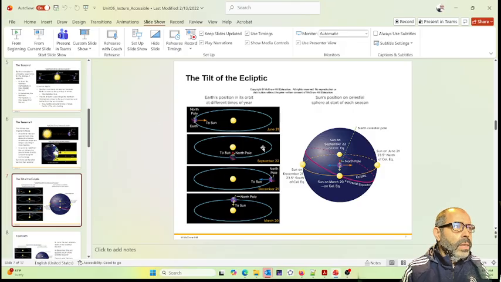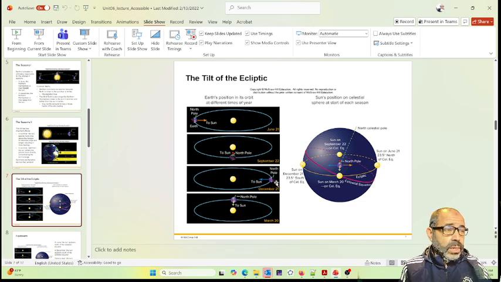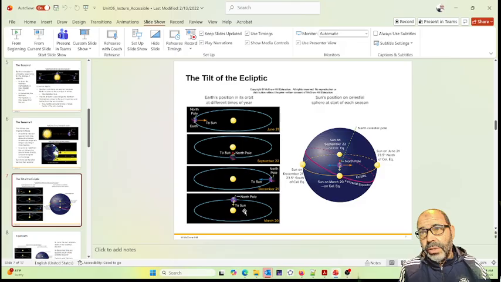So again, on June 21st, this is the summer solstice. On September 22nd, it's the fall equinox. On December 21st, it's the winter solstice, and on March 20th, we have the spring equinox.